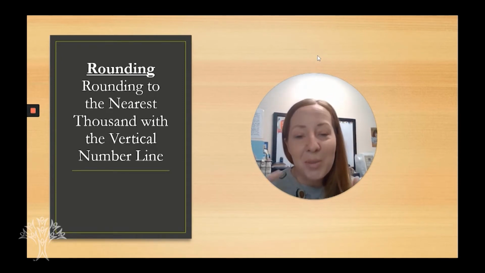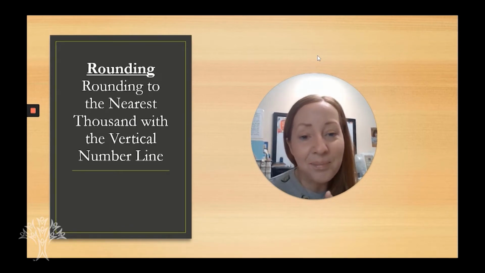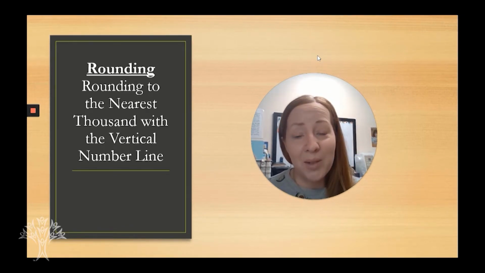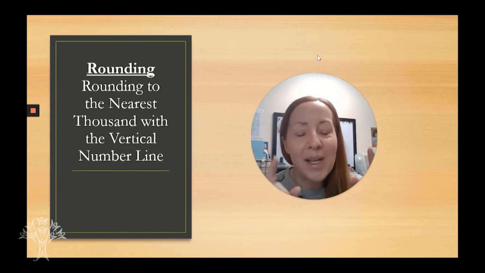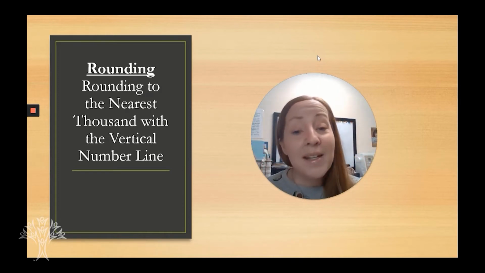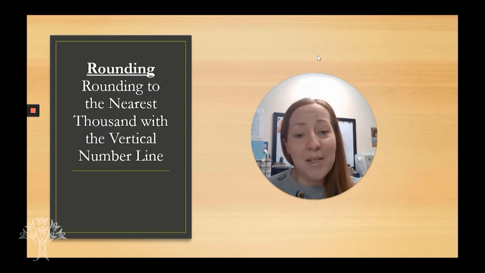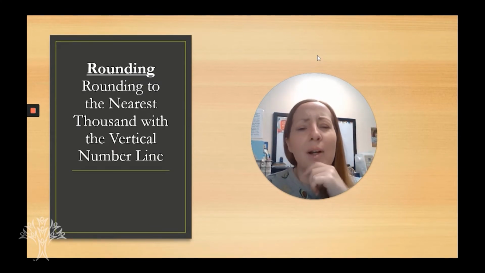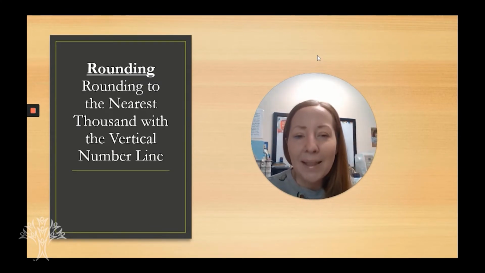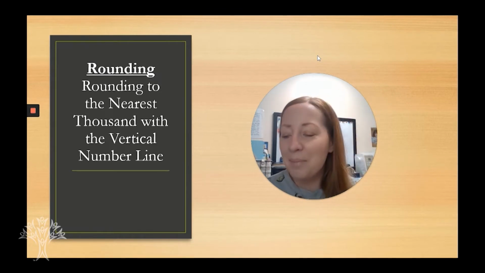So we started to put them in different bins, and we counted one of the bins, and we found out that there were 3,100 blocks in this one bin, and there's lots more. Now, we could spend all of our time counting every single block, but I think that would take us hours to do. So we were thinking about how could we figure out approximately how many building blocks they actually have between the three of them.